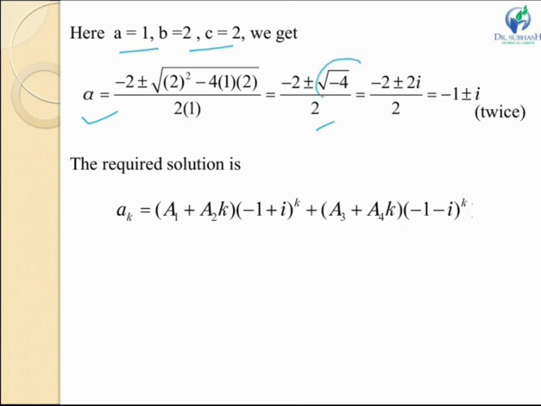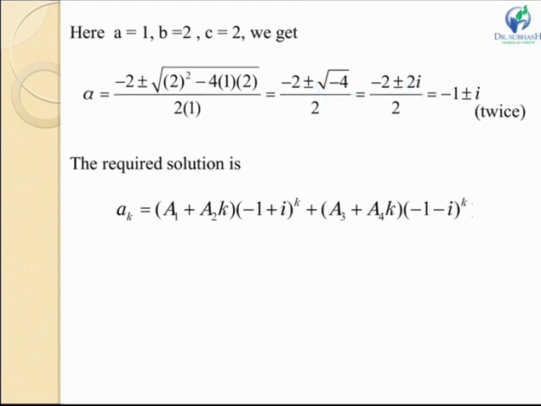Since this is complex, I have to write plus or minus 2i. I will take 2 common from the numerator, and 2 will get cancelled. So I get minus 1 plus or minus i, and I have to consider this 2 times because alpha square plus 2 alpha plus 2 is 2 times. So again here the roots are complex and repeated.